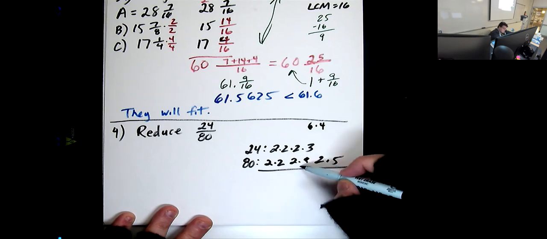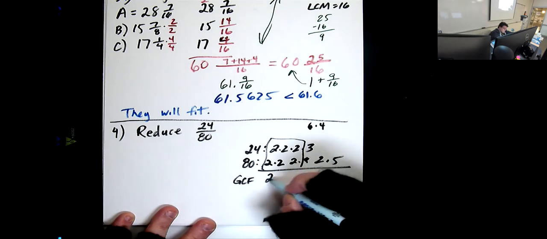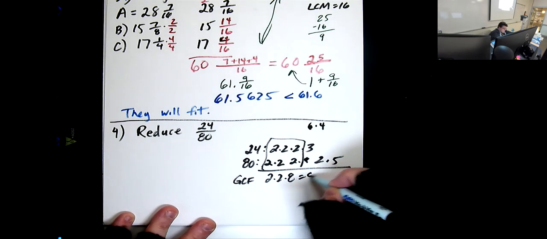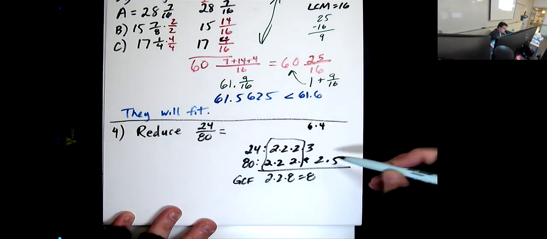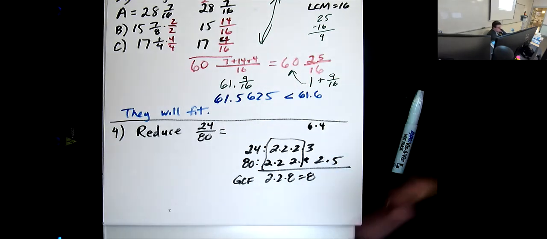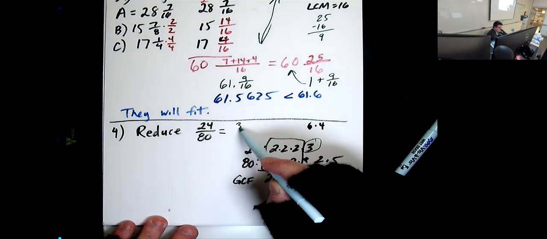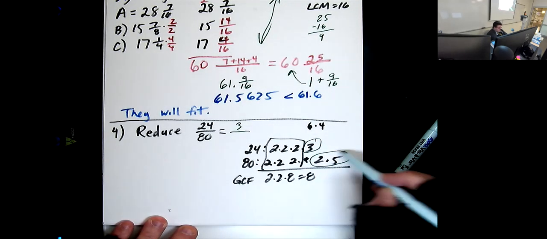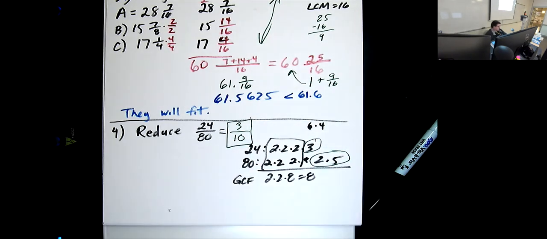So the greatest common factor is that. If I divide each of those by 8, whatever I have left over is what my value is. I got a 3 on top, and I got 2 times 5 on bottom, which is 10. That's a nice pristine one. I'm gonna break up the other things first.